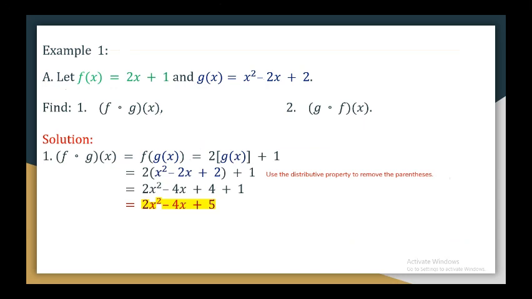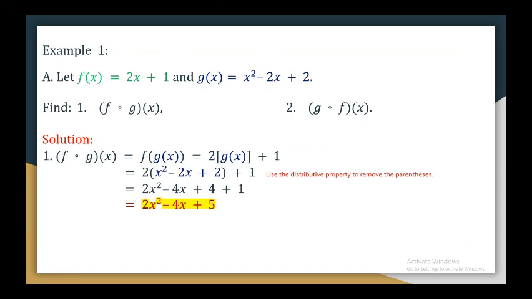And that is equivalent to, of course, our f of x is 2x plus 1, right? So the x in the f of x, we are going to replace this one with the value of g of x. So that's why, since our f of x is 2x plus 1, that is equivalent to 2 times our x was replaced by g of x, then plus 1.